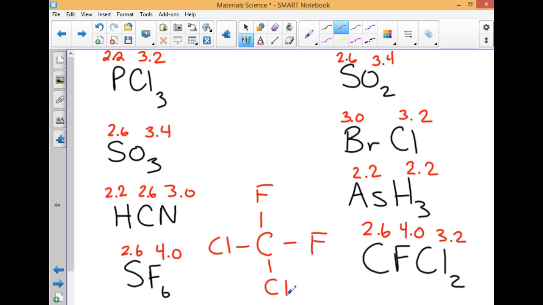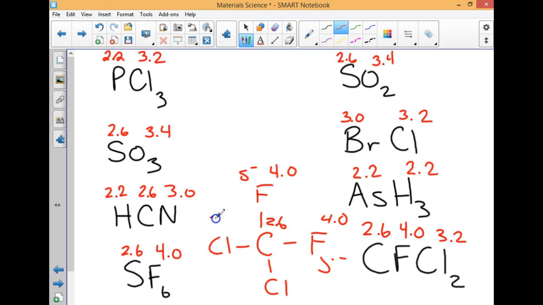The core of this particular molecule is 2.6, and each fluorine is at a 4.0. It's the one that hogs the electrons the most. So that means that fluorine is going to hog this pair and this pair, and those are going to create slightly negative ends to the molecule.